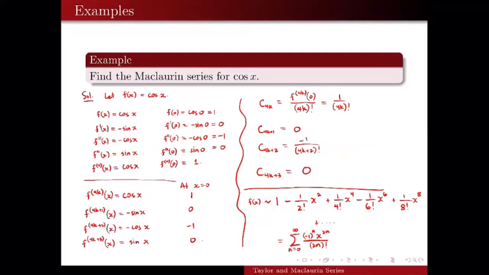And verify that the equality will be true for any x. Check the radius and the interval of convergence of this. Okay? So this is true for all x in the set of real numbers.